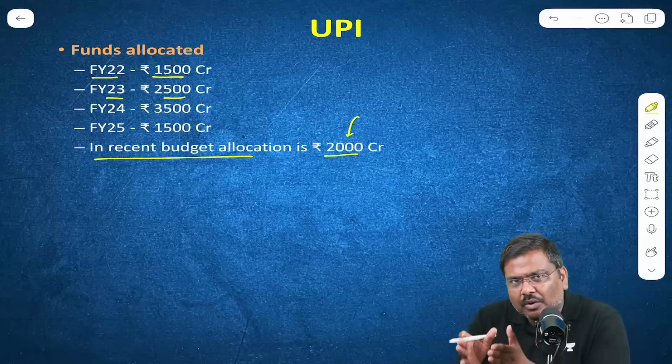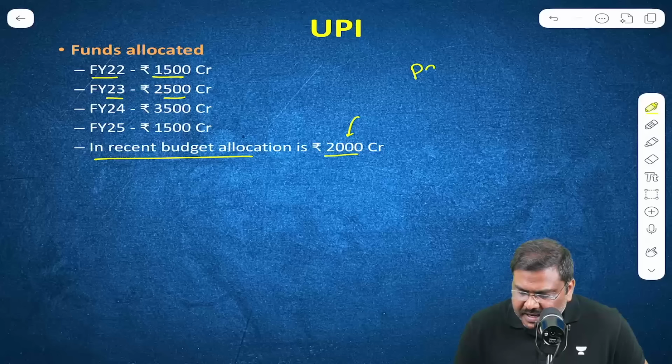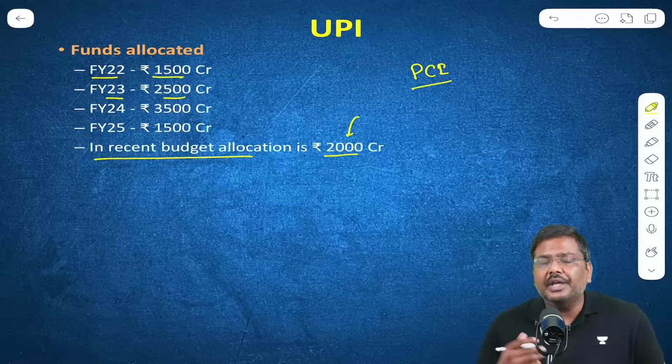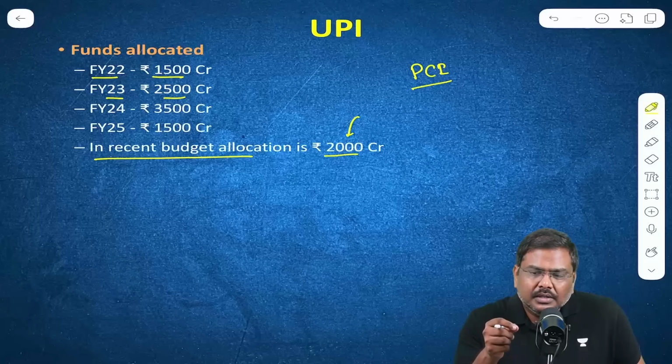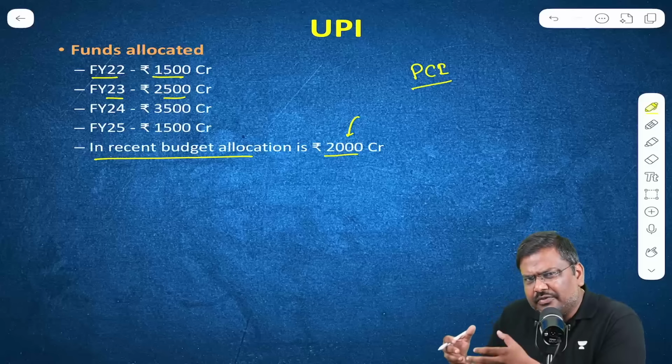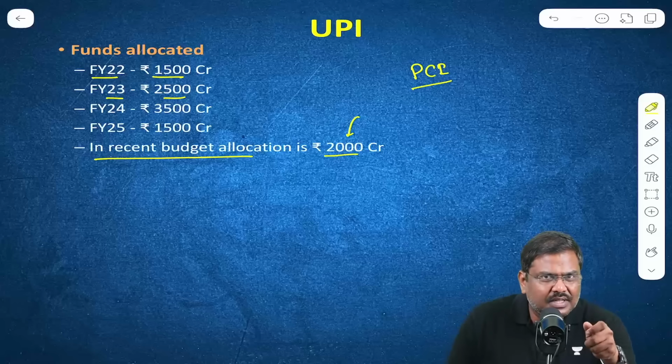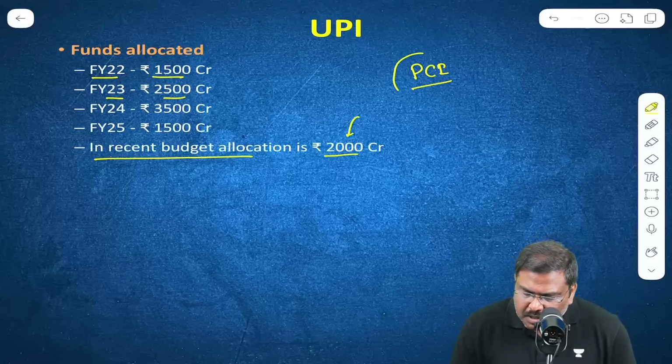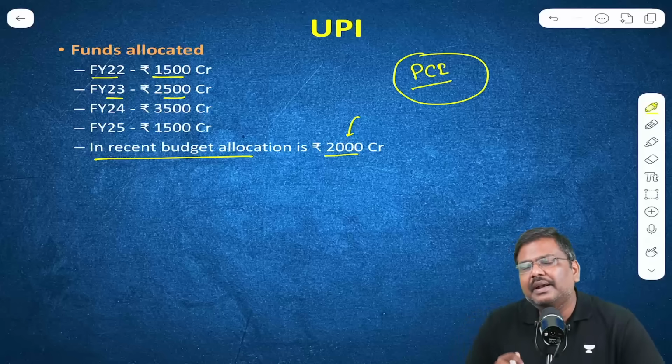But the Payments Council of India, PCI, which is a representative body, argues that the service providers, that is the banks and fintech companies which are providing the services of UPI, are not able to recover their overall expenditure.